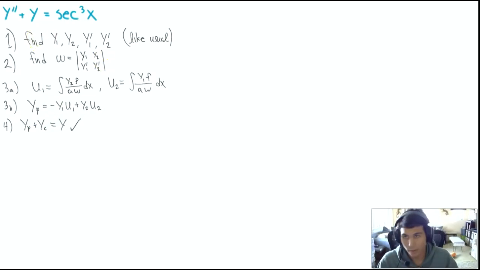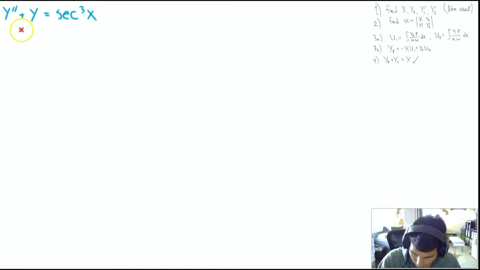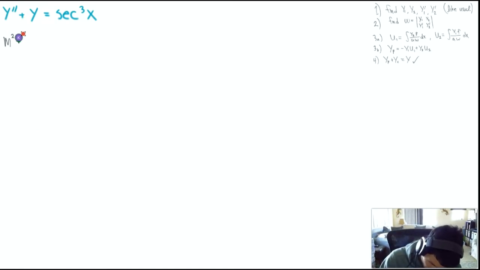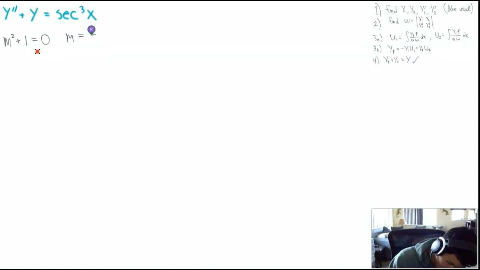Okay, now I'm going to move all of this to the right hand side. Okay, so we're going to start it off like usual. We do m squared plus 1 for this case. And you see that m is equal to plus or minus the square root of negative 1, which is 0 plus or minus i.